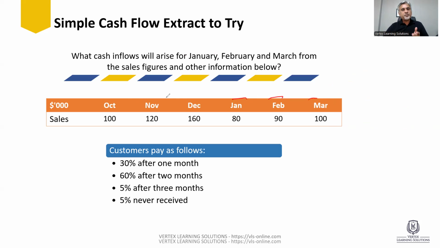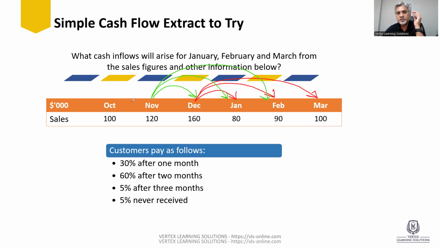For example, from December, 30% will come here, 60% will come here, and 5% will come here. So January cash is coming from December. This November, something is coming. So let me change some colors. November, 30% will come in December, 60% will come in January, and another 5% will come in February.